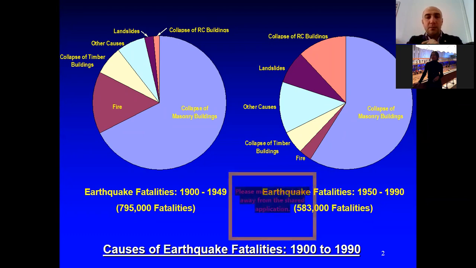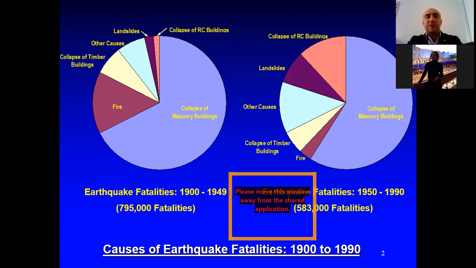So, some observations. The primary cause of the earthquake fatalities is collapse of the buildings.